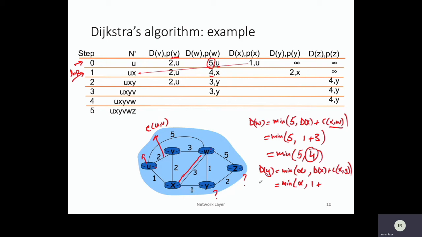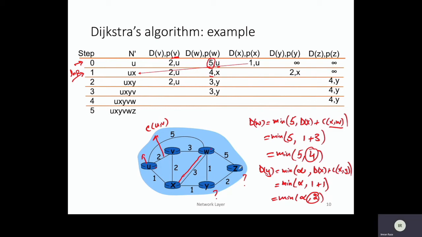How do we know this? Yes, because Y is the direct neighbor of X here, so 1. So we'll select the minimum of infinity or 2. Which value is minimum? Yes, 2. So we have updated this cost since we have the new least cost 2, and the predecessor node now is, yes, X. And what about the cost to reach Z?